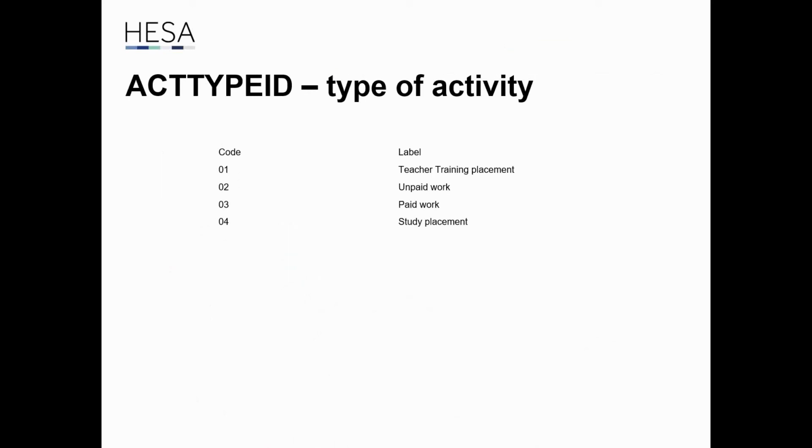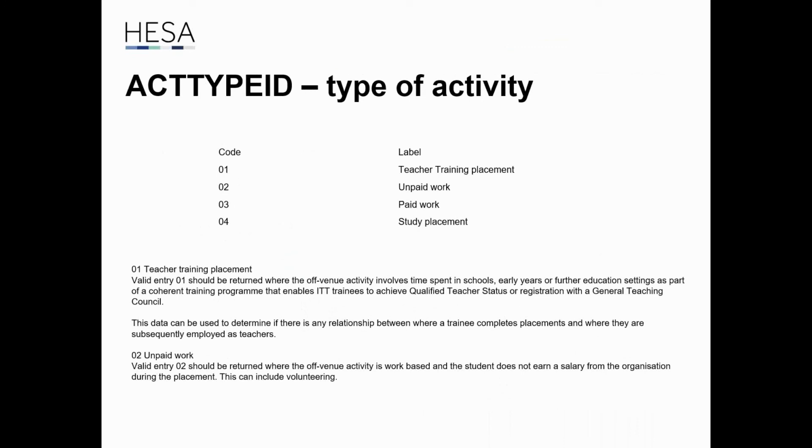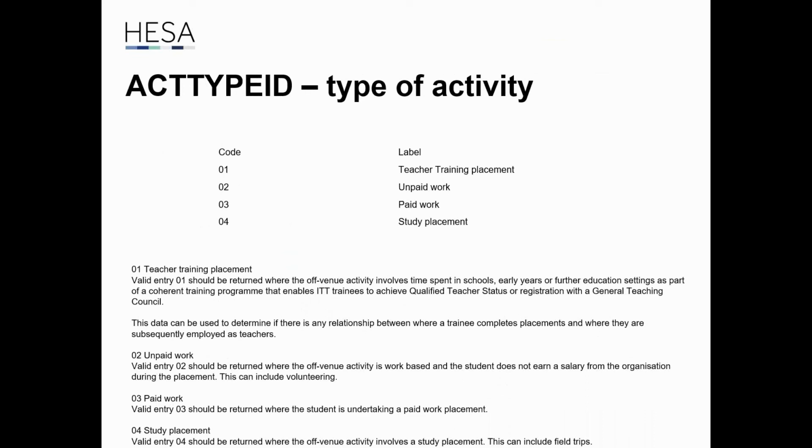So I think this makes it much more clear as to what category an activity should go in. There are just some quick definitions of the different valid entries. I won't go through them, they're fairly self-explanatory, but they're there for reference.